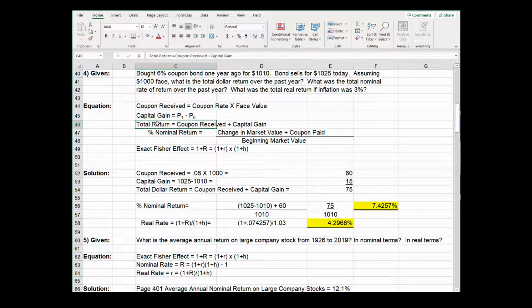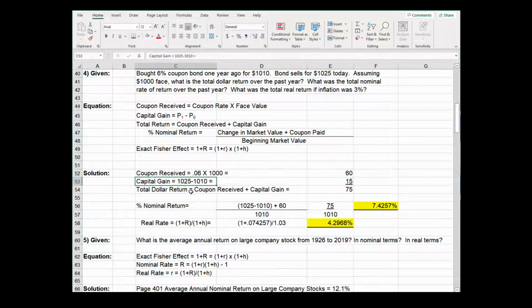And the total return is that coupon received plus the capital gain in price. Percent total return will be my change in market value plus coupon paid over beginning market value. Again, same common denominator. And my Fisher effect will be 1 plus big R equals 1 plus little r times 1 plus h.